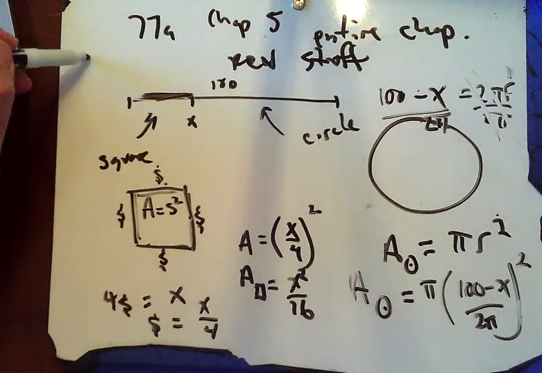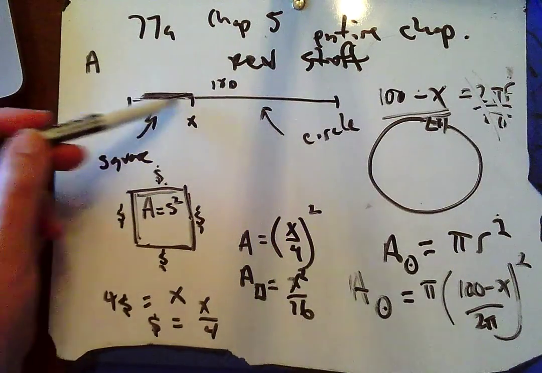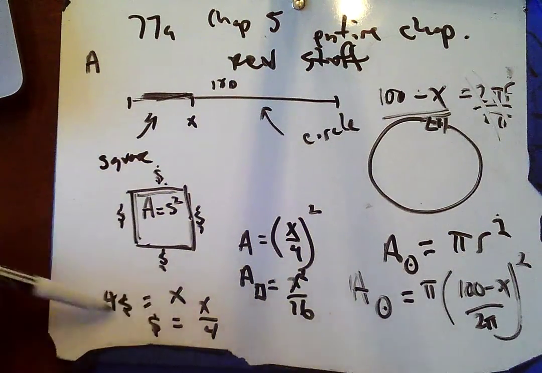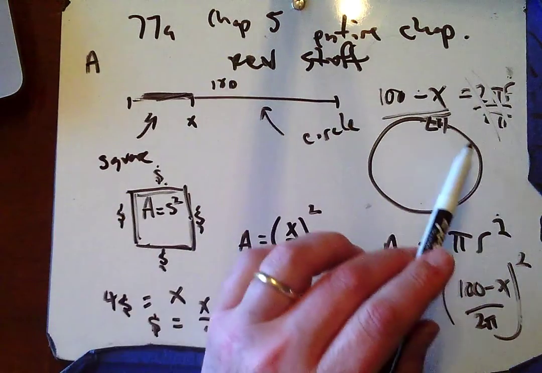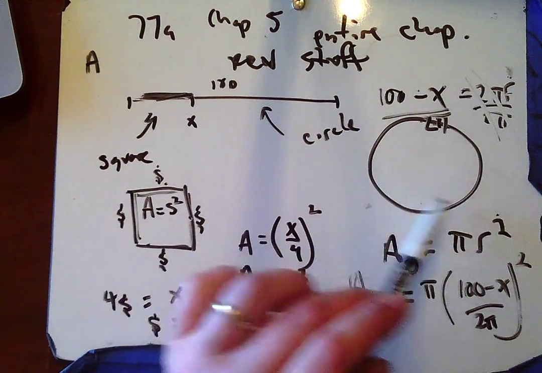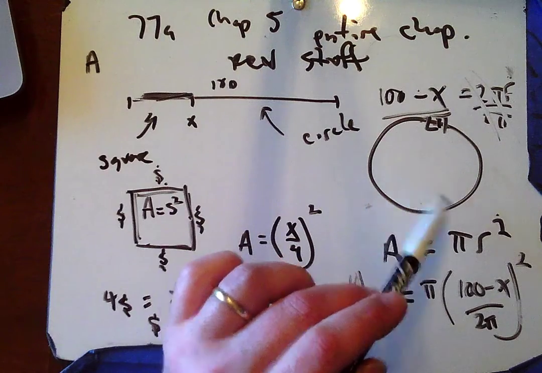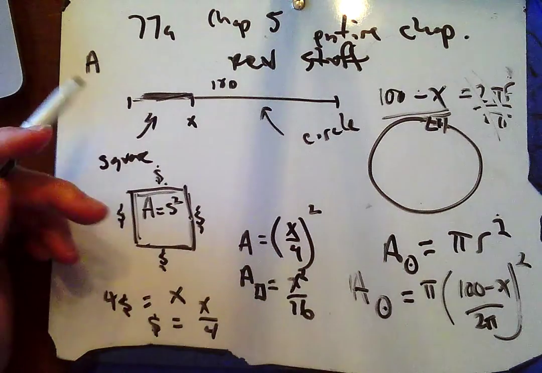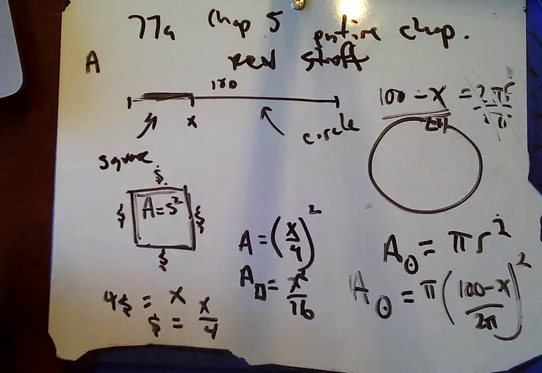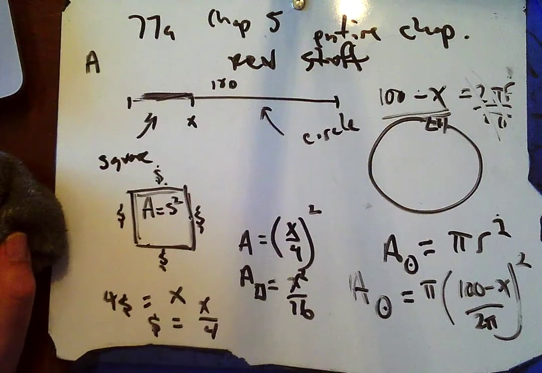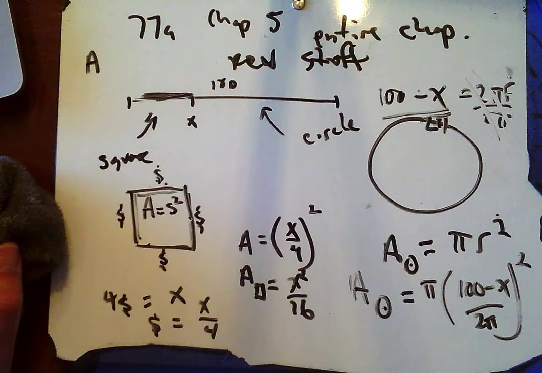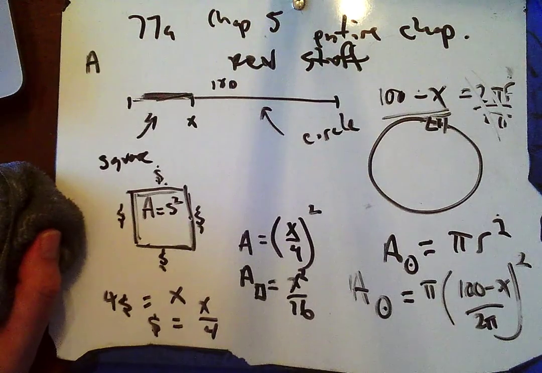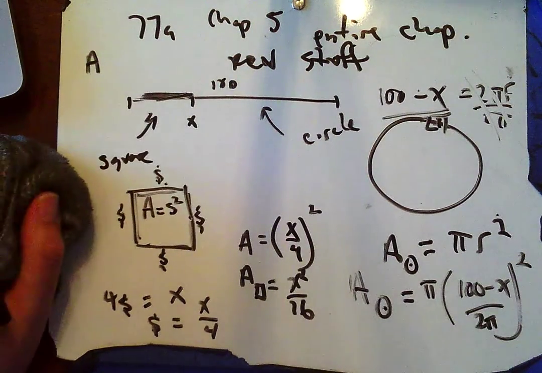Oh, by the way, this notion of using x for the perimeter of the square, you could have said x was the circumference of the circle, and you should get the same answer. And at one point I might have known which one of those would have been easier before I started the problem, but today I don't. So I'm just going with what came up first.